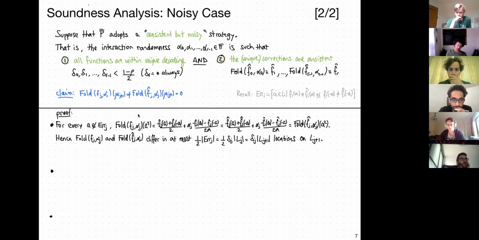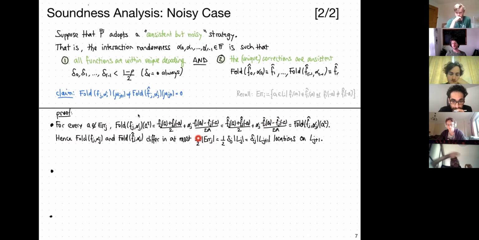Okay, but what does this tell us? It tells us that the fold of the function and the fold of the corrected function can differ in at most half the size of the error set, right? Because if it's not in the error set, they agree. Otherwise, they can disagree.